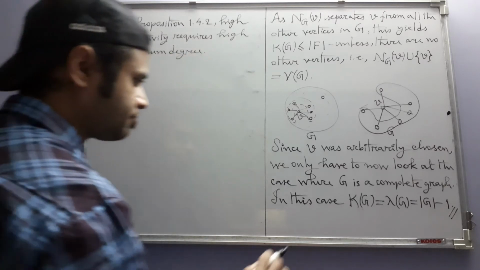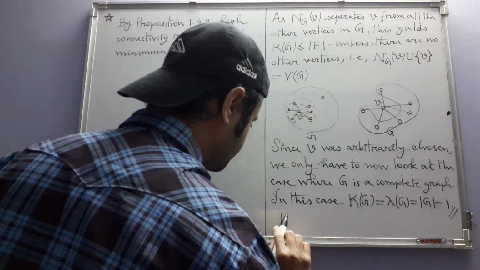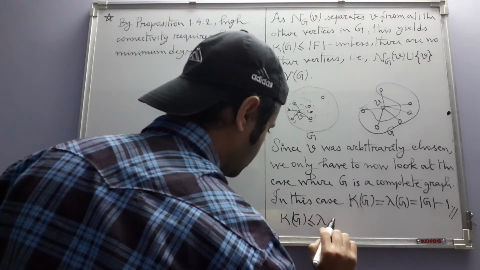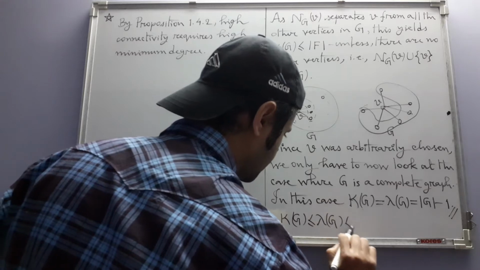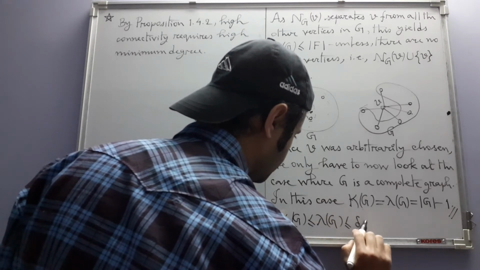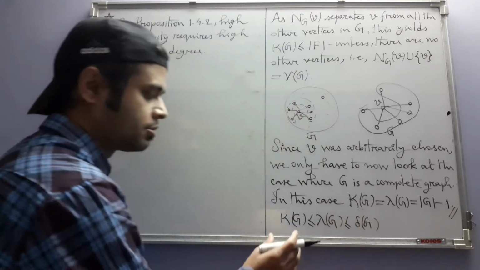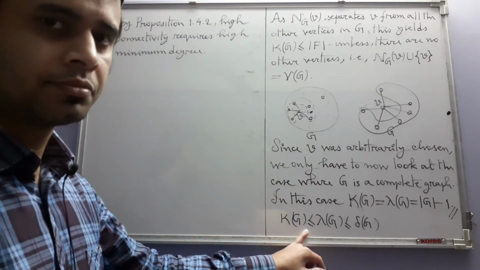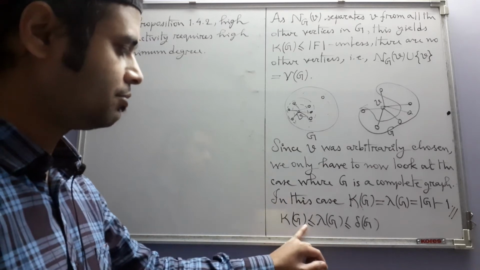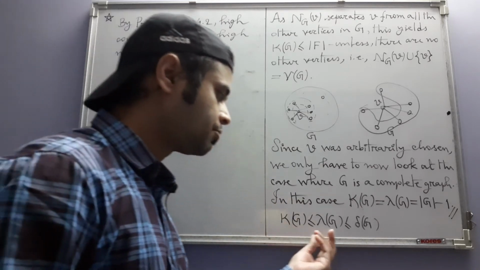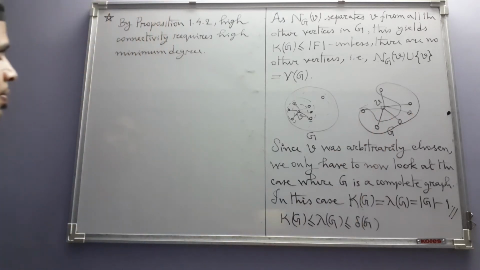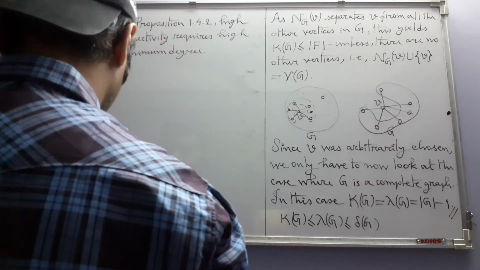Naturally, because connectivity is less than or equal to H connectivity, which is less than or equal to the minimum degree. So if you consider a graph whose connectivity is large, then that forces the minimum degree to also be large. The converse, however, is not true.